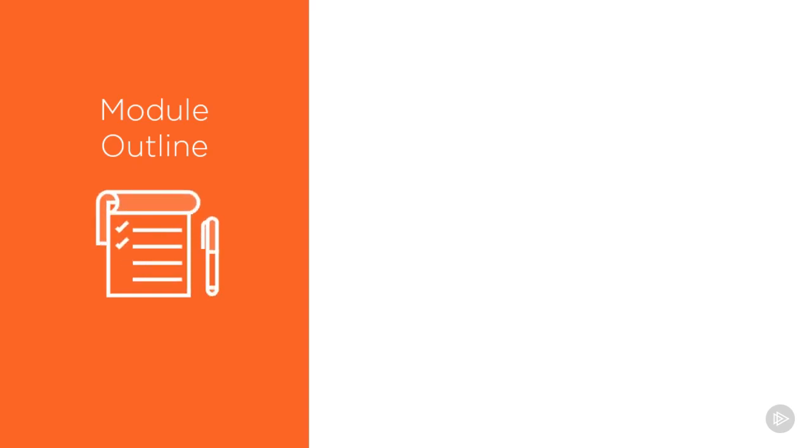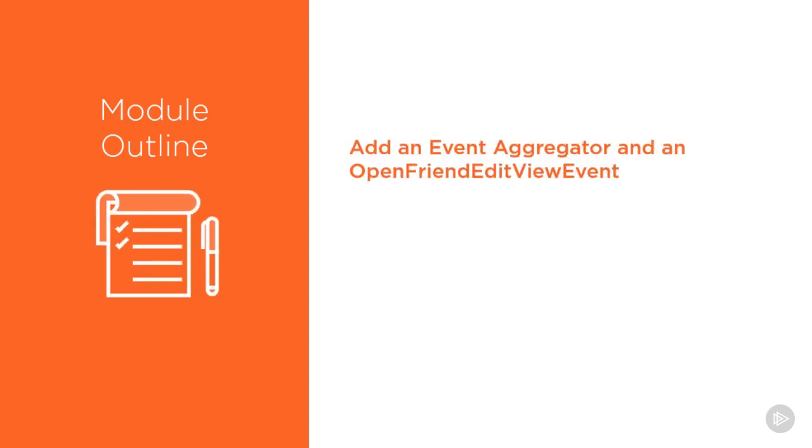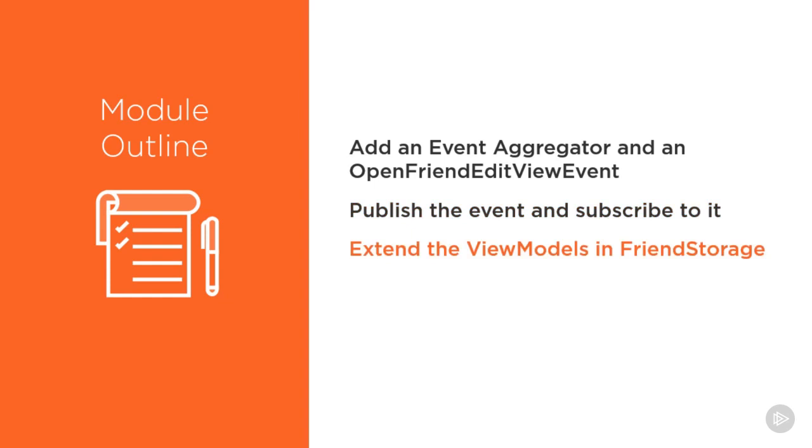In this module, we will add an event aggregator to the friend storage application, and we will define an open friend edit view event. You will learn how to publish the event and how to subscribe to it in your viewModels. And especially, you will learn how to test it. Beside the event aggregator and the event, we will extend the viewModels in friend storage with additional logic.